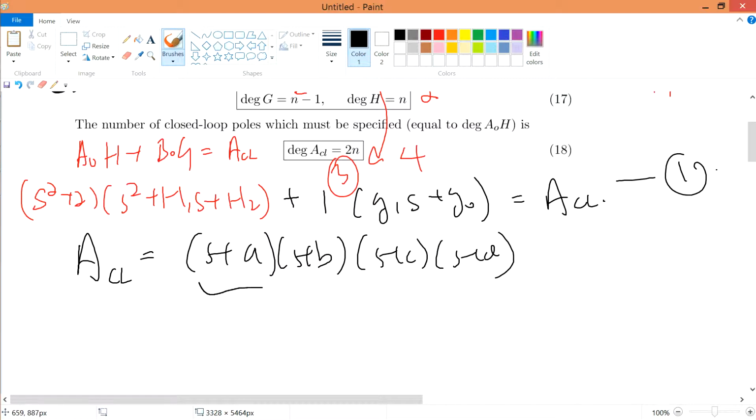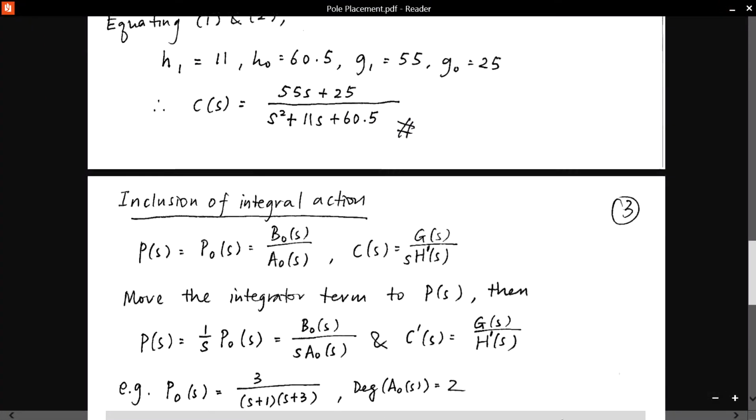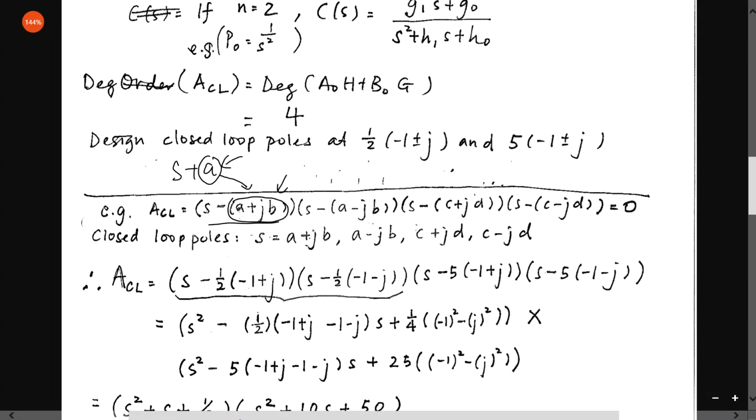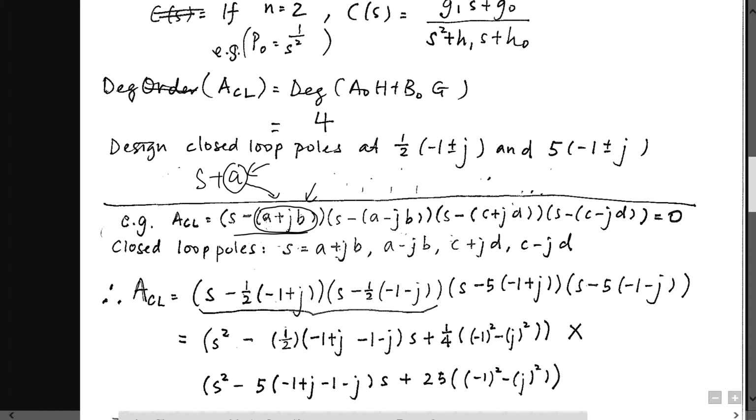All of these make it fourth order, but I need some values for my a, b, c, and d. Over here, aha, your complex number comes in already. So this thing over here, don't be scared. It's just simply stating s plus a. This thing over here is your s plus b, s plus c, and s plus d.